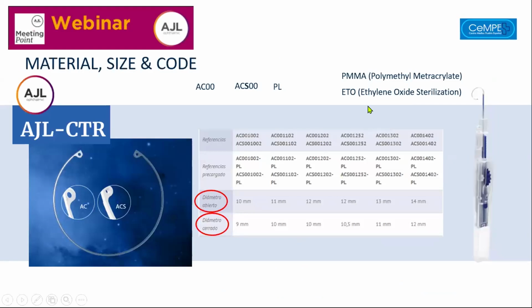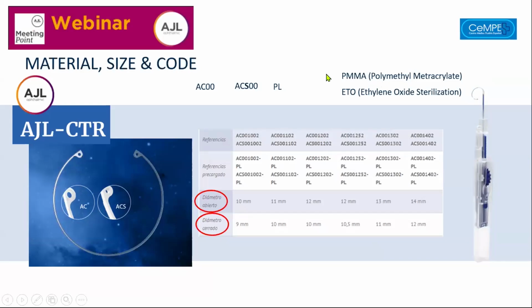When you are planning to select this kind of ring, you will first choose them because of the material they are made of, PMMA, polymethyl methacrylate.